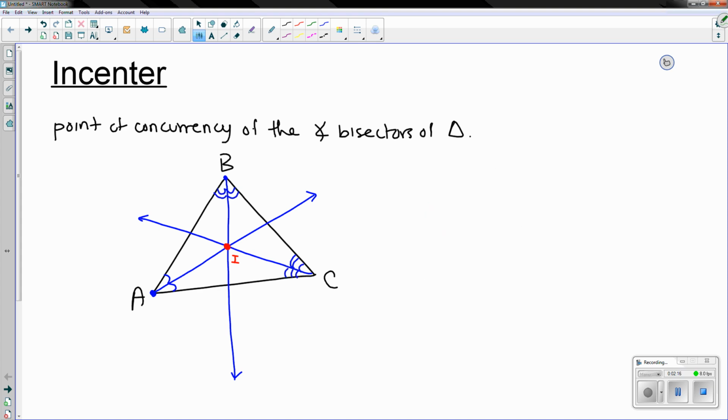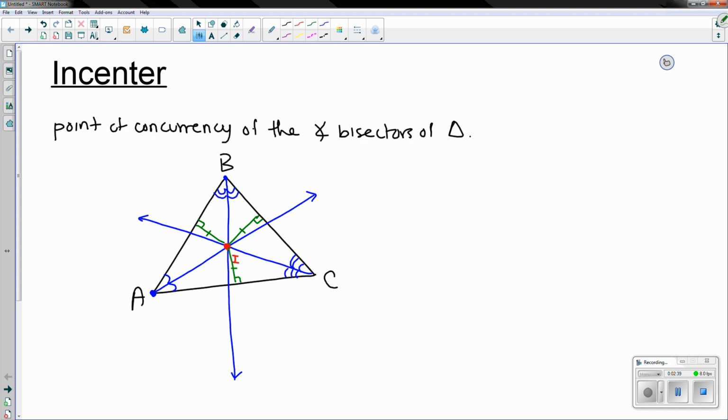So extending that idea over to our incenter, if we're going to measure the distance from the incenter to each side, we're going to draw perpendiculars to those sides. Now the lengths of these three green lines are all equal, and therefore those segments are congruent.